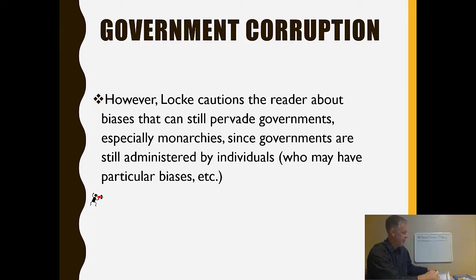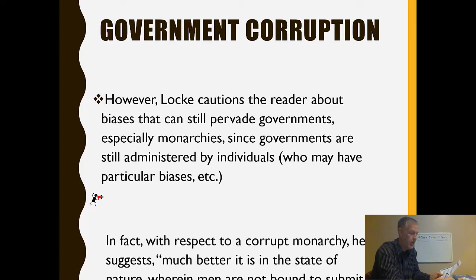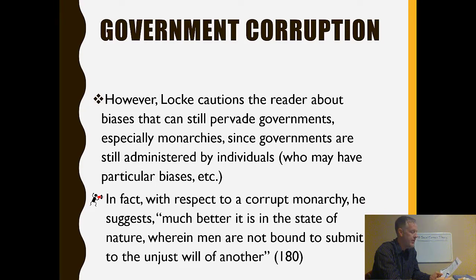And that's what he gets at on page 198. He says, with respect to a corrupt monarchy, quote, much better it is in the state of nature, wherein men are not bound to submit to the unjust will of another. So is it a surprise that the founding fathers bought into Locke and what he's saying, when he says things like that?